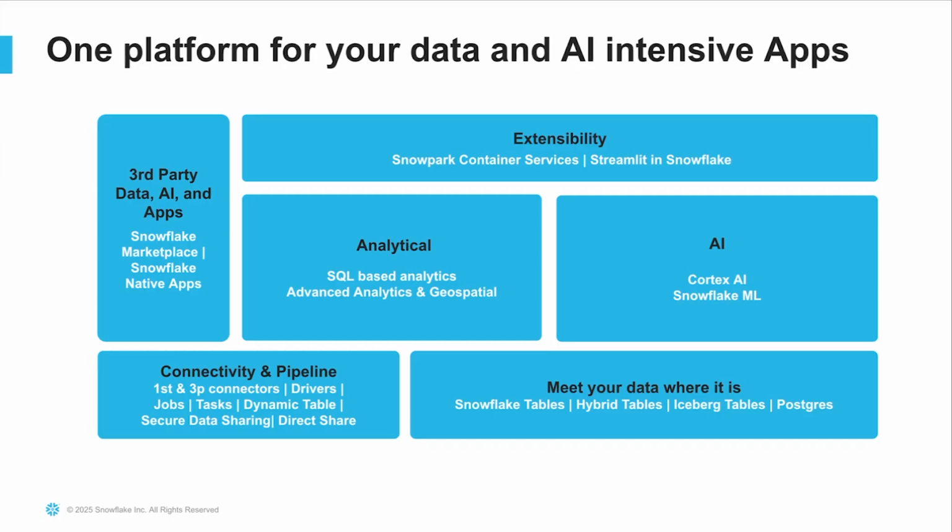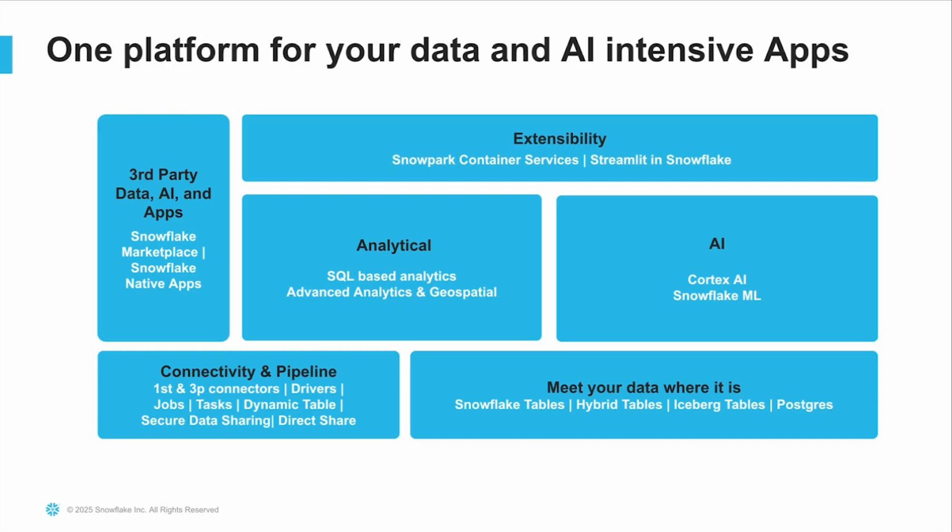We also give you access to first party and third party connectors that allow you to bring the data that your applications need into Snowflake, and also give you the flexibility of creating the data engineering pipelines for your applications. On top of this scalable, secure, reliable data foundation, we have a world-class analytics engine and the AI services that allow you to do more with your data.